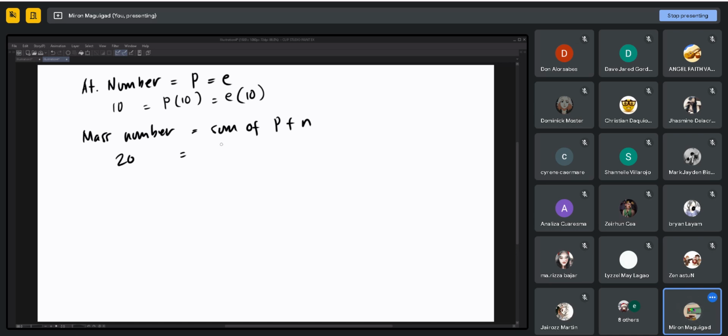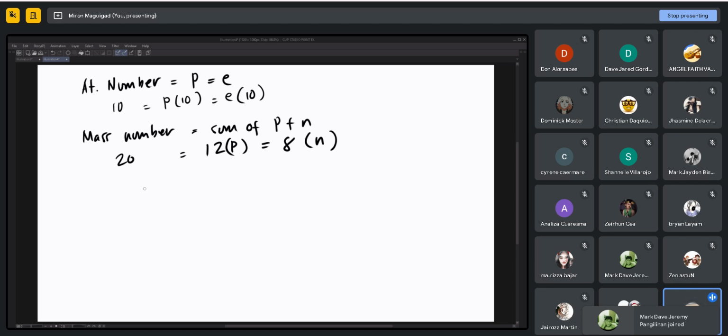Let's say, binigyan natin ng number si proton as 12. Okay. So, paano natin makukuha si neutron, yung number of neutrons? Ma-minus lang natin si 12 kay 20. So, 20 minus 12 is 8 for neutron.